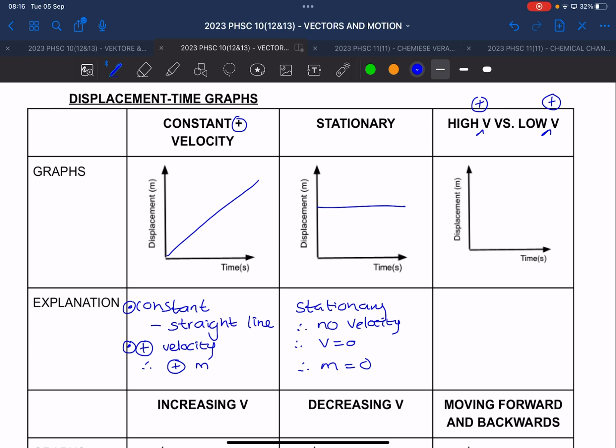You are going to draw true graphs, yes, but what represents the difference? Like how will it be represented? The gradient will be different. Okay, a high velocity means a high gradient, a big gradient, whereas a low velocity means a smaller gradient.